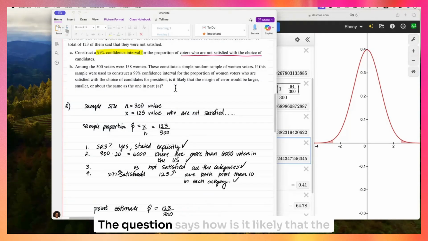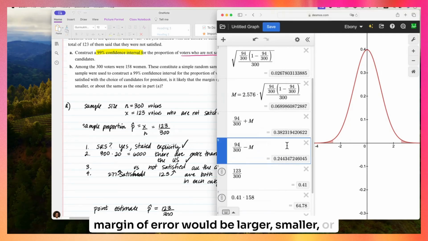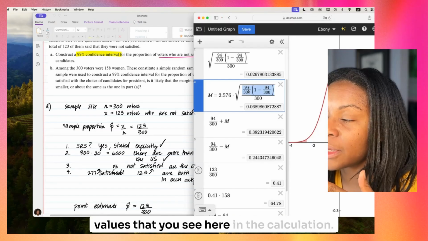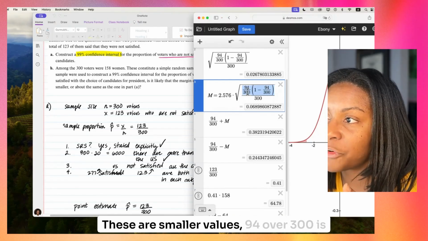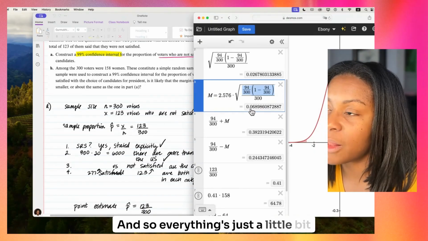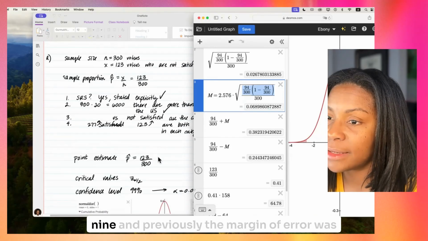And so the question says, is it likely that the margin of error would be larger, smaller, or about the same? The margin of error here is smaller because it's impacting the values that you see here in the calculation. These are smaller values. 94 over 300 is smaller than 123. And so everything's just a little bit smaller. The margin of error is about 0.069.